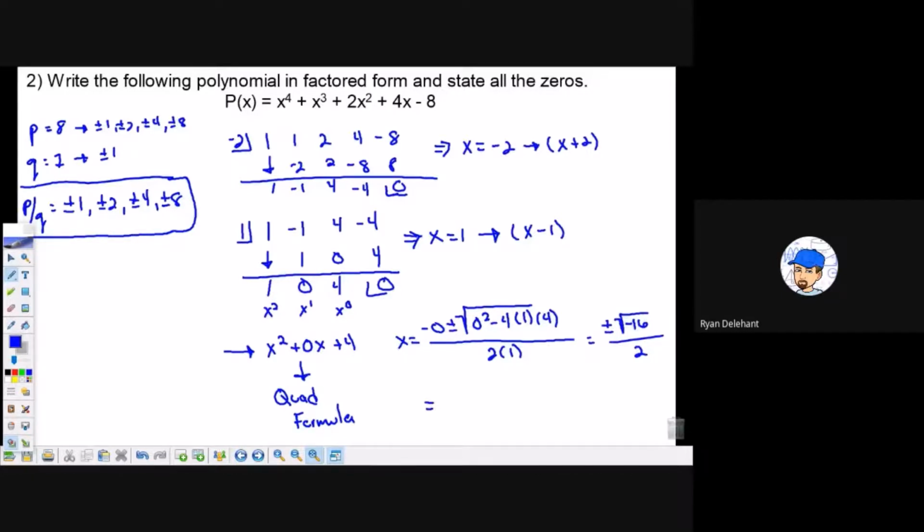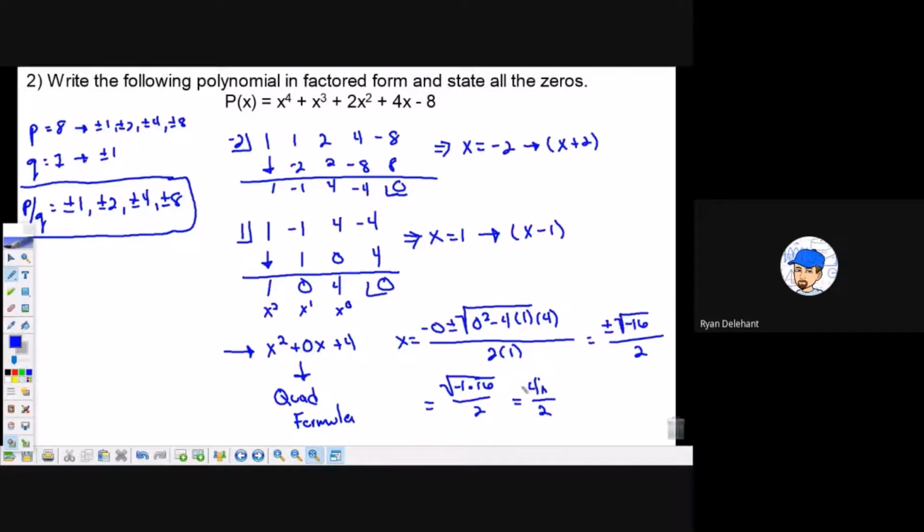So square root of 16 is 4, because let's remember the way that we deal with this. This is negative 1 times 16. The square root of negative 1 is where the i comes from. The square root of 16 is 4. So the square root of that negative 16 is 4i. Still got to divide it by 2, and you don't need to worry about the i here.